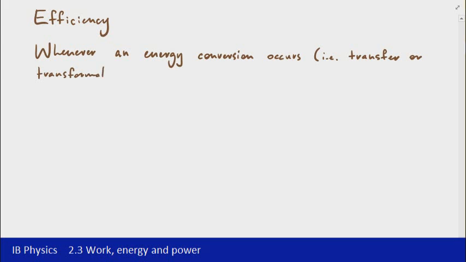So in any of those situations, some of the energy will be lost. And by lost, and I'll put it in inverted commas here, we don't mean that it disappears. It means that we've lost it to forms of energy that are no longer useful.